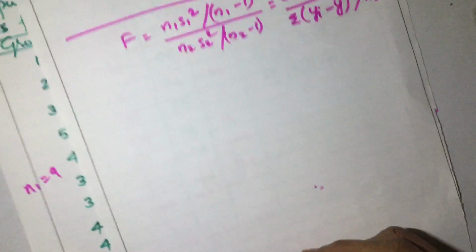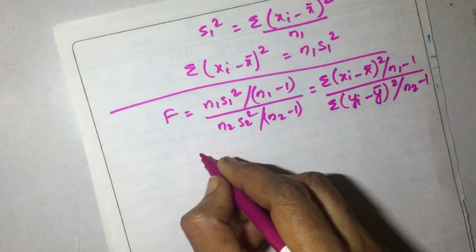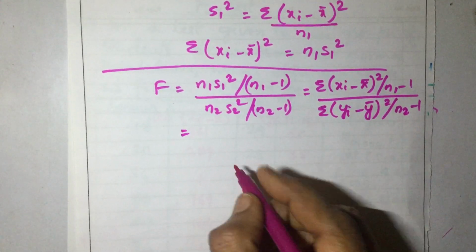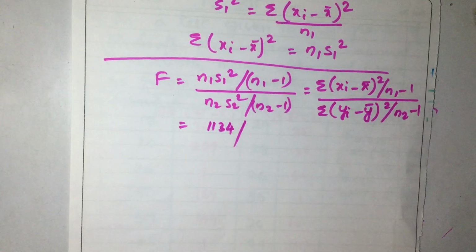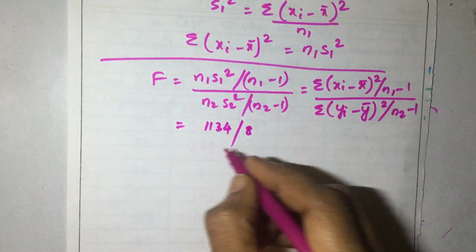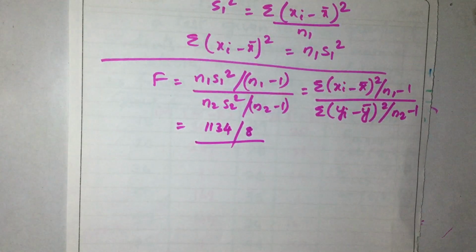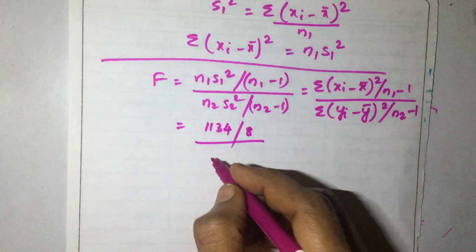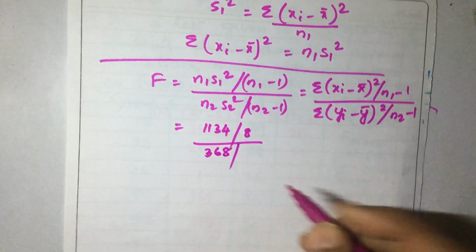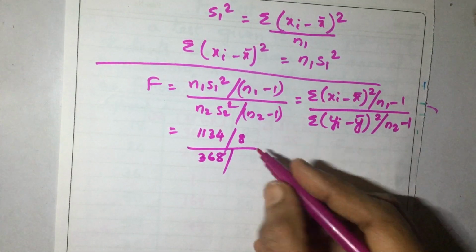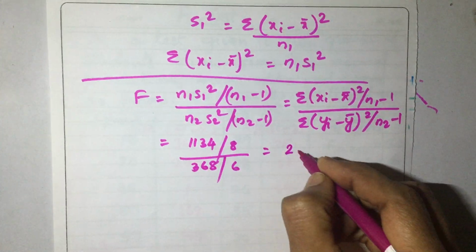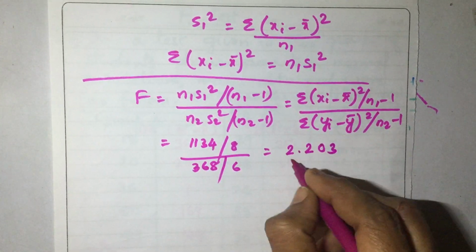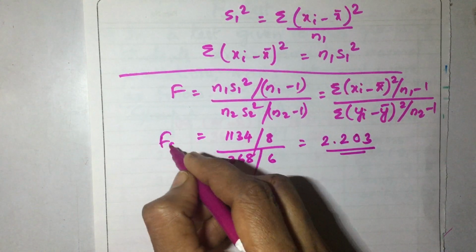So this is 1134 divided by n1 minus 1, n1 is 9, 9 minus 1 is 8, and this is 386 divided by n2 is 7, 7 minus 1 is 6. So when you simplify that, you will get it as 2.203. This is F calculated value.